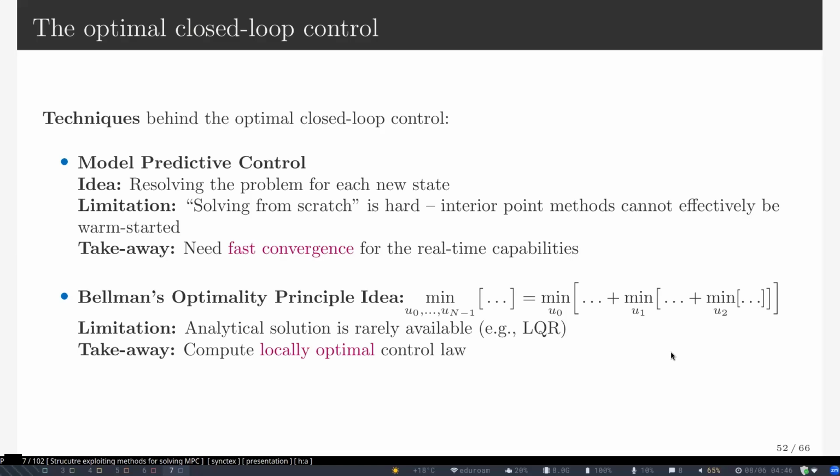If you warm start them, they will slow down. So we need fast convergence for the real time capability. What we want is to apply the domain knowledge or structure of the system to the problem, use Bellman's optimality principle, and try to change the problem into a sequence of nested minimization problems.